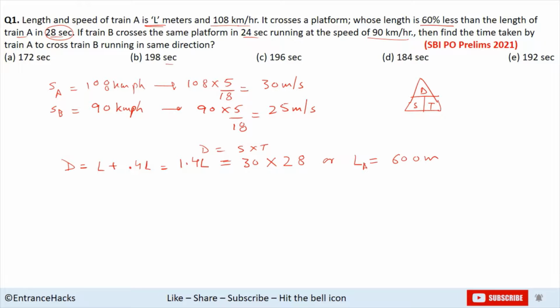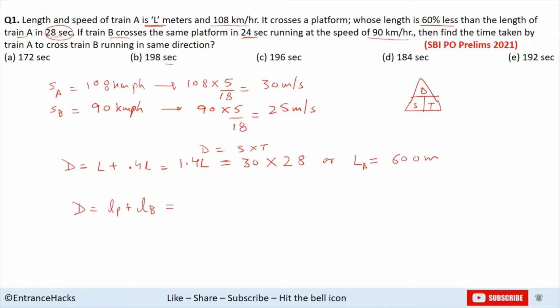Now the other statement says that train B crosses the same platform in 24 seconds. So we can calculate the length of train B using this. The total distance train B has to travel is the length of the platform plus its own length.